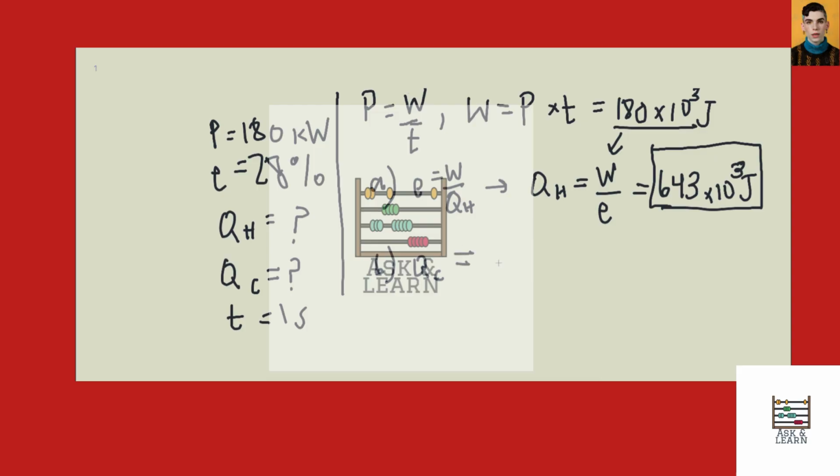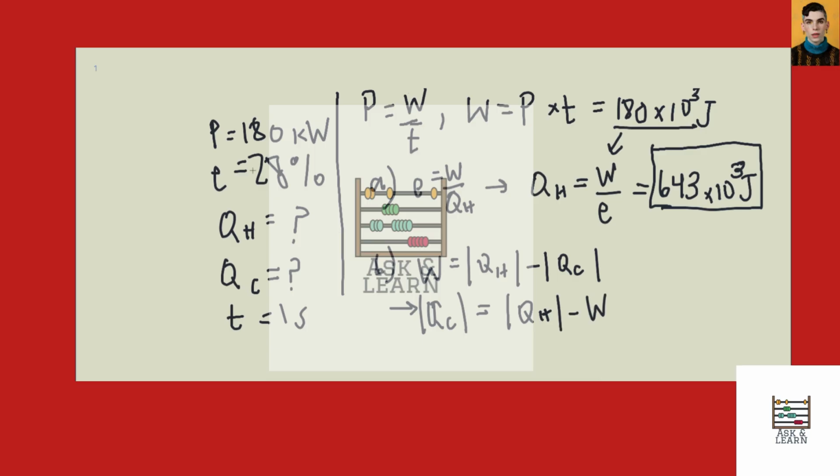To find that, you want to start with the equation that work is the magnitude of Q hot minus the magnitude of Q cold. And then from that, you get Q cold equals the magnitude of Q hot minus the work.